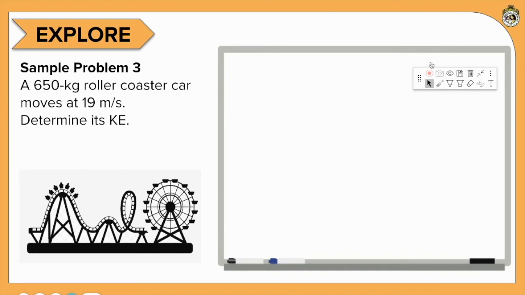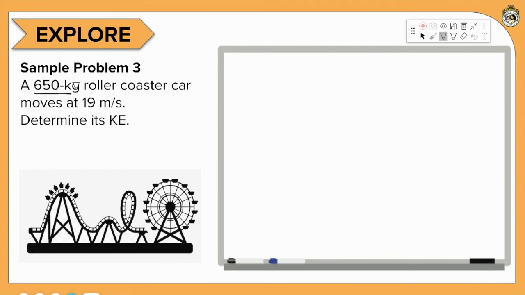Okay, so let's look at this. Sample problem number 3. We have a 650 kilogram roller coaster car that moves at 19 meters per second. Determine its KE, or kinetic energy. Looking at what's given, let me underline 650 kilograms.